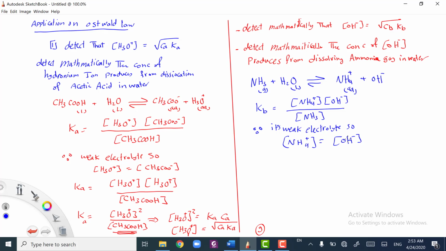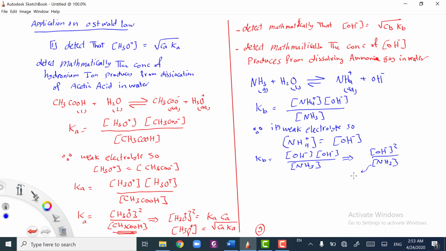So we can replace the ammonium by hydroxide. So Kb equals OH negative multiplied by OH negative divided by NH3, so OH negative squared over NH3.